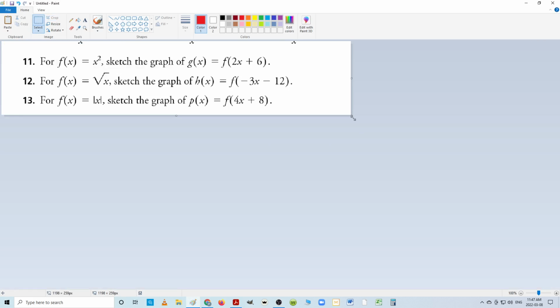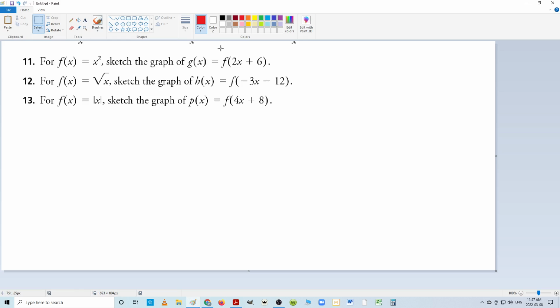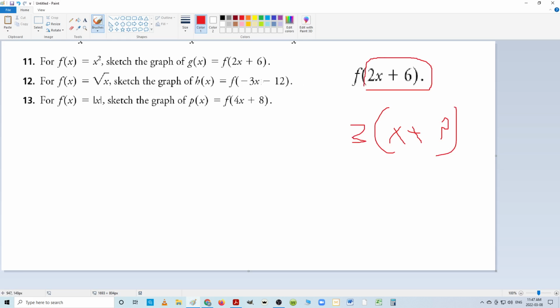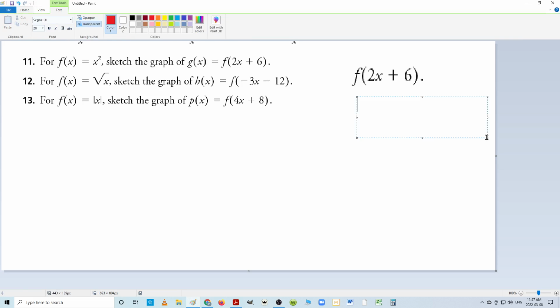Here's the trickery that teachers love to do. This part here is not an accurate translation. Do you see an x plus something with a 3 or whatever in front? No, you don't. You see one big bracket, which means that's not a correctly expressed transformation. It's actually this.